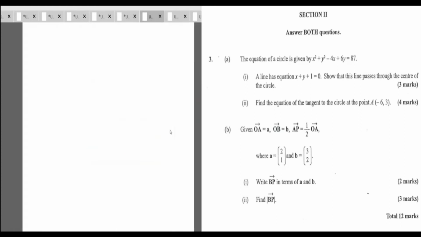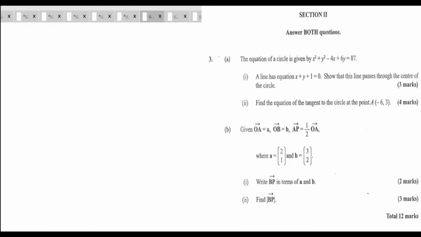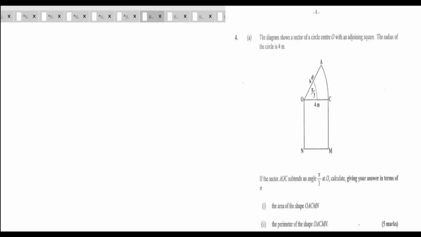So question 4, it's telling us that the diagram shows a sector of a circle O with an adjoining square. The radius is 4 meters. It says if the sector OAC subtends an angle pi by 3 at O, calculate, giving your answer in terms of pi, the area of the shape OACMN.